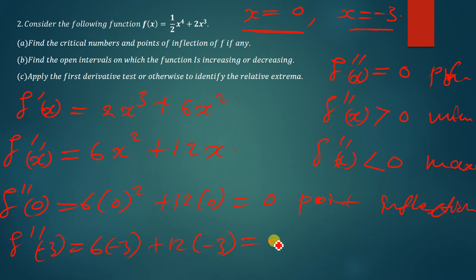The answer we got here was 18, if I remember, because we have 54 minus 36, which gives you 18. So 18 is greater than 0, so it has a minimum at this point. It has a minimum at -3. Alright, so this is how you solve such questions.